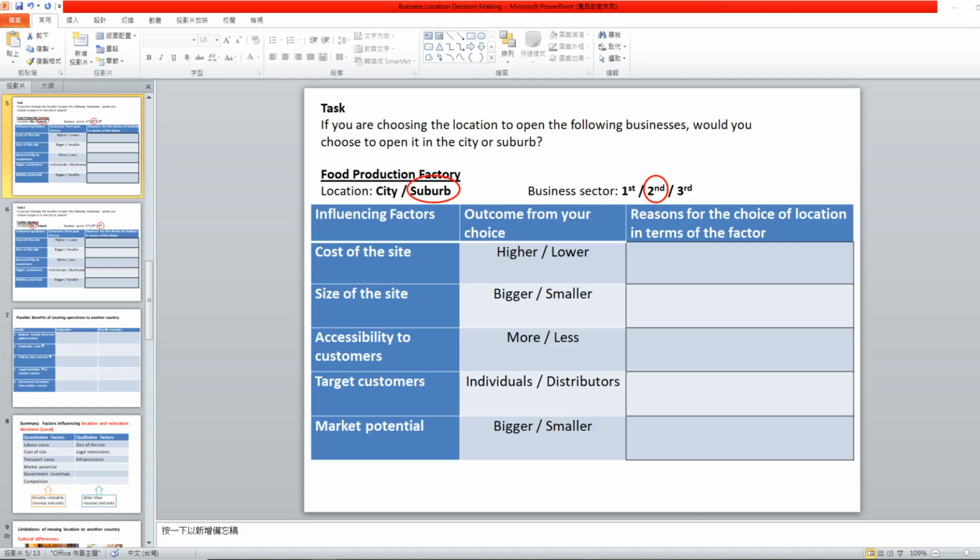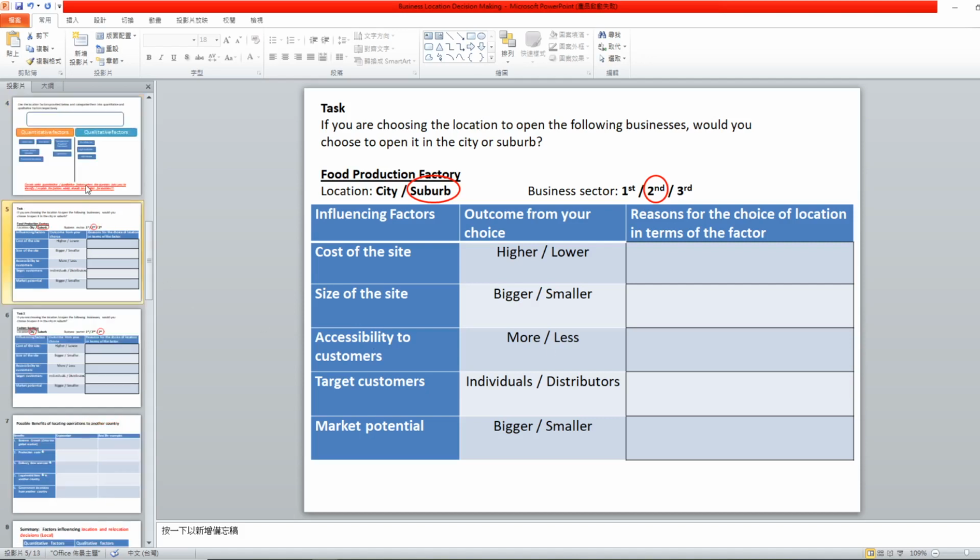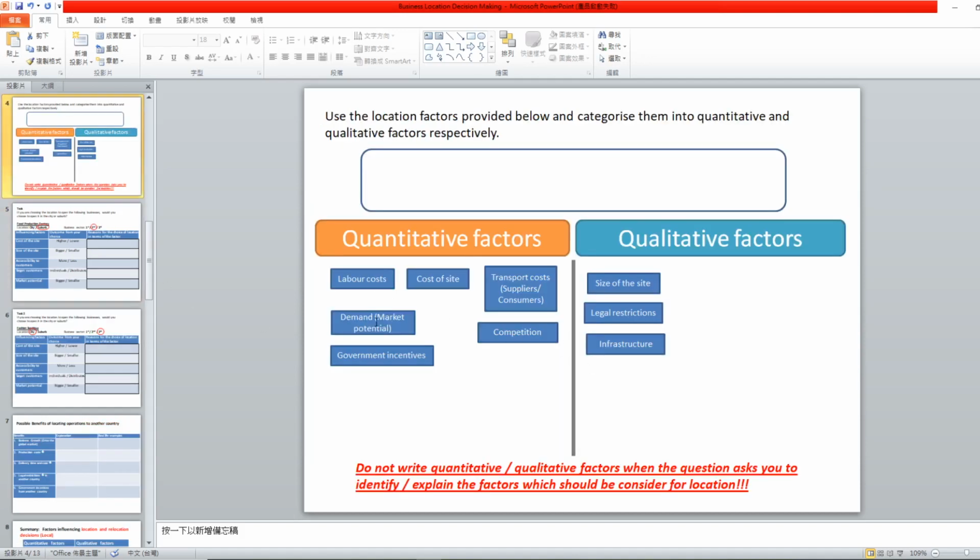Let's say demand, potential demand for your customers, just like here, when you are talking about the factors. So take a look at this demand bracket, market potential. This one here.